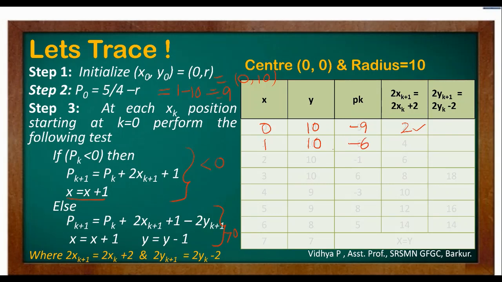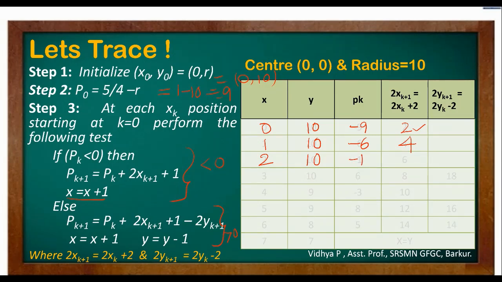Once again it is negative, so we need only the xk plus 1 value. We calculate 2 into 1, 2 plus 2 is 4. Now pk is less than 0. So we increment the x value and keep the y value as it is. pk plus 1 is equal to pk, minus 6 plus 4, that becomes minus 2, plus 1, that will become minus 1.